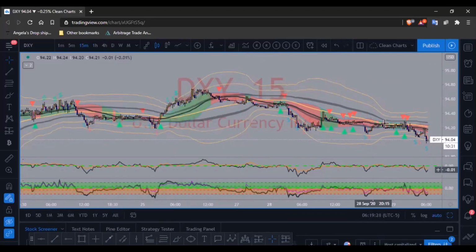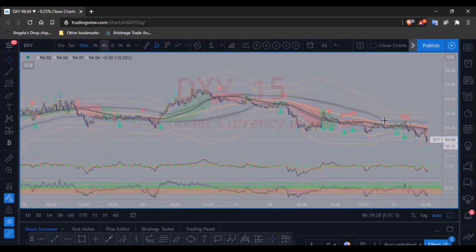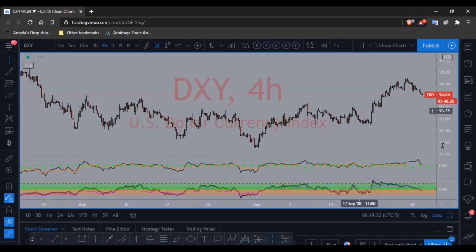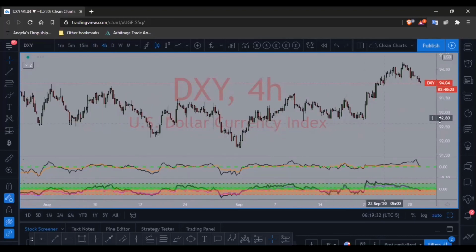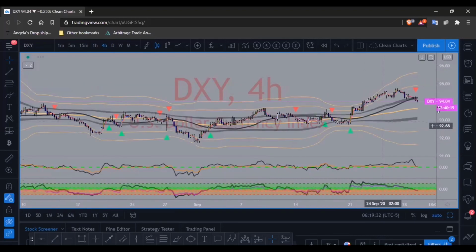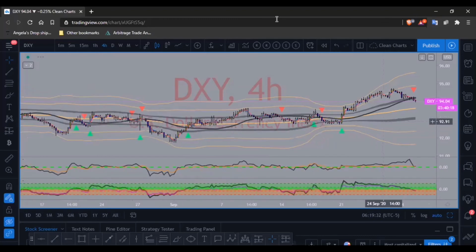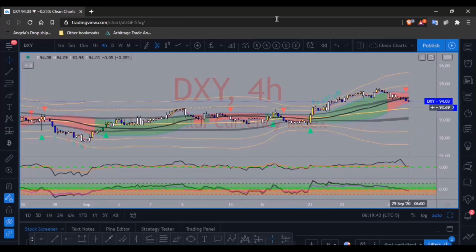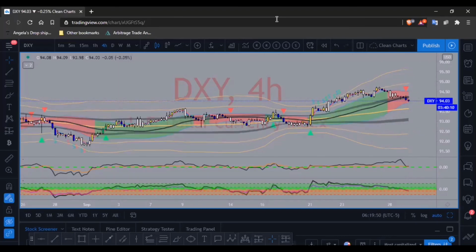Okay, and then I'm going to go on to the 4 hour time frame on the arbitrage. I already know that it's gone bullish and it's already made that bullish move, just to see how that lines up. So we do have on the 4 hour time frame that sell call, which gives further confluence that I do believe that price is going to keep dropping.